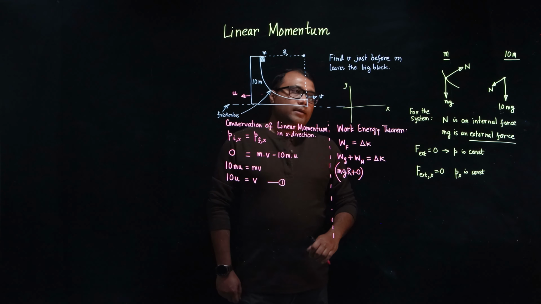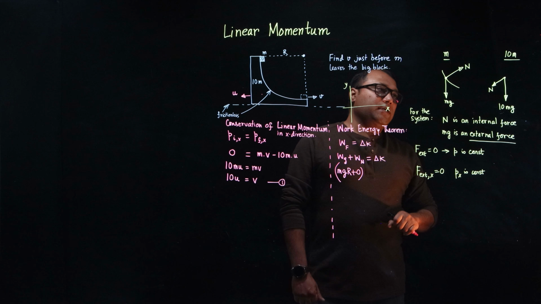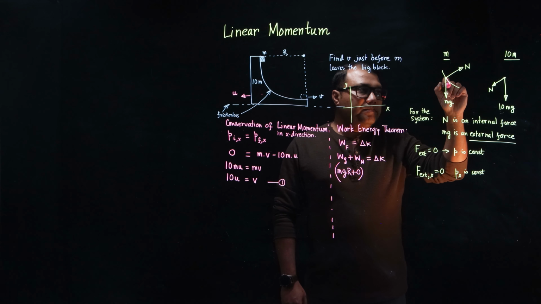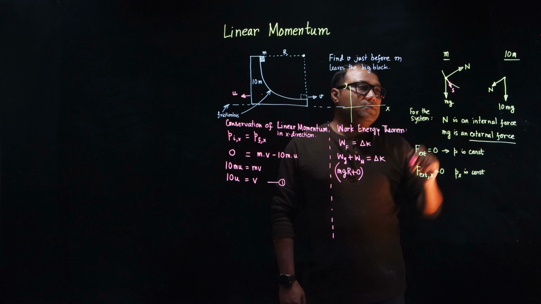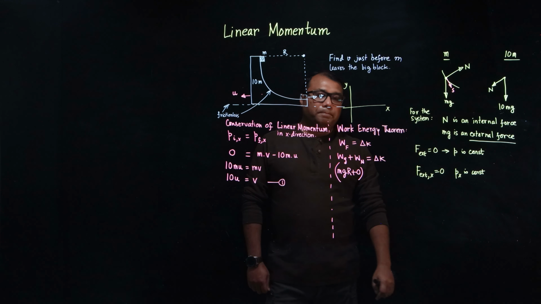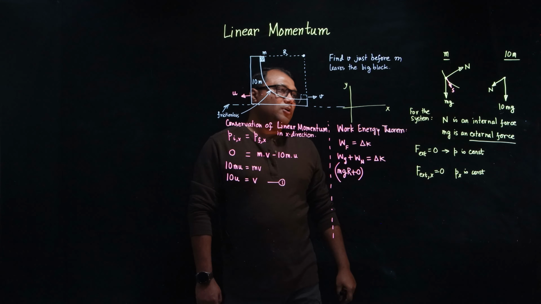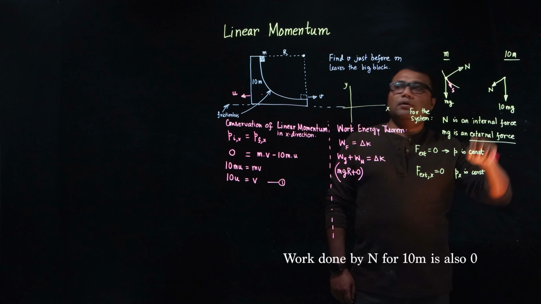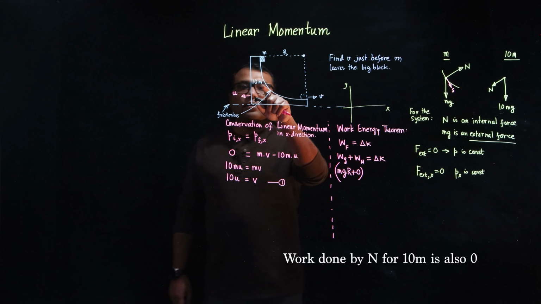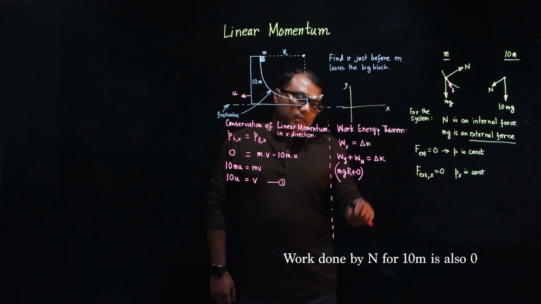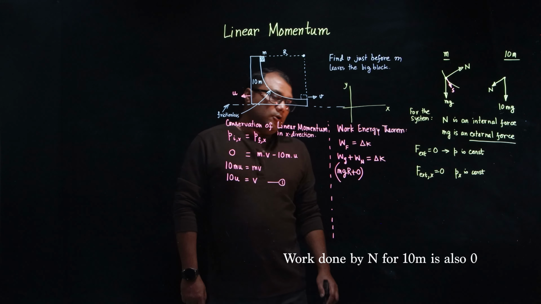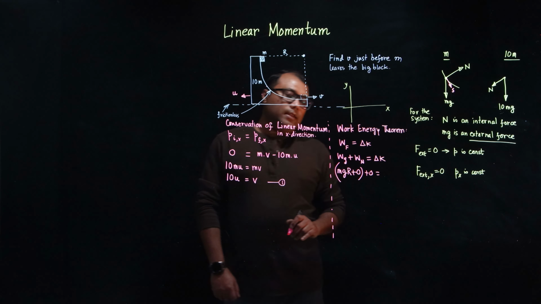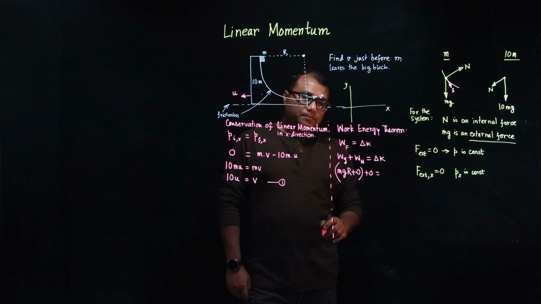Cool? Now let's look at work done by normal reaction. Normal reaction is perpendicular to displacement all the time for small m. So for small m it's 0. Normal reaction for 10m, I think the work done by normal reaction will also be 0 for both the masses. And then we look at the change in kinetic energy.